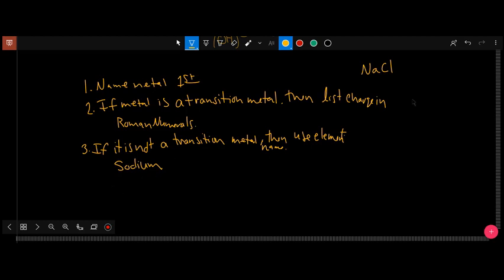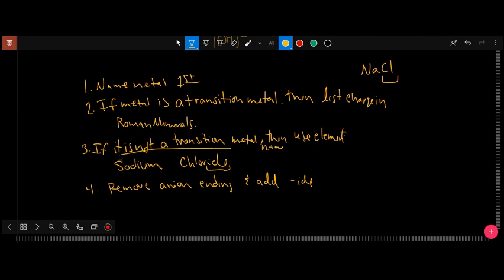Now for the anion, which would be the chloride here, you're just going to simply remove the ending and add IDE. So we say sodium chloride. It normally is chlorine, but we say chloride, so sodium chloride. Remember, that's an example you can think of that you know to help you remember the rules.